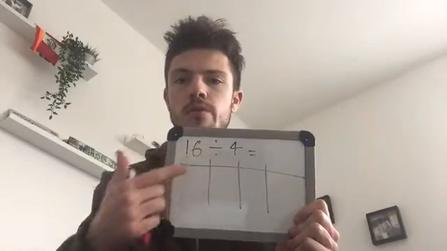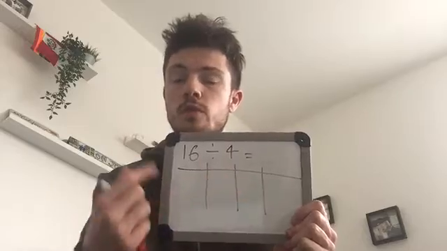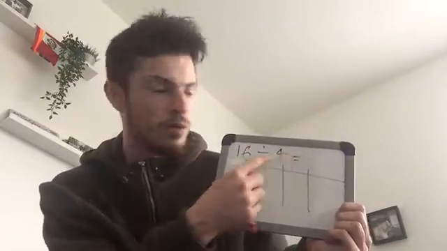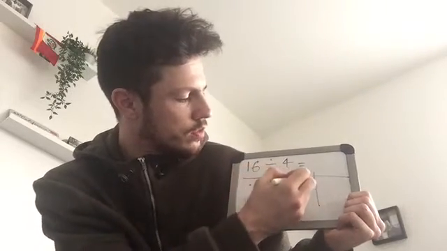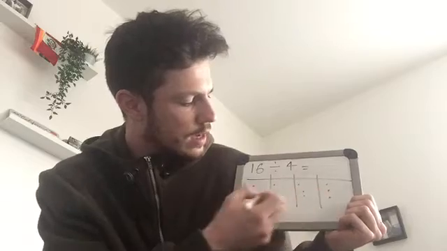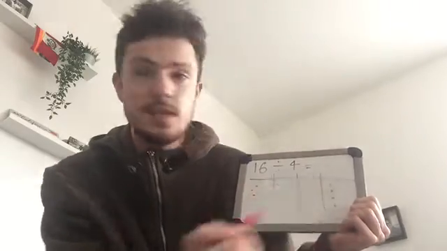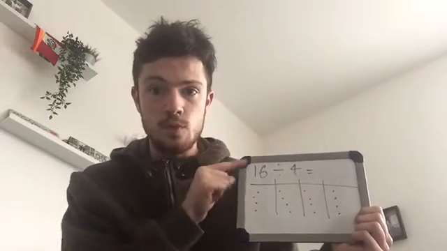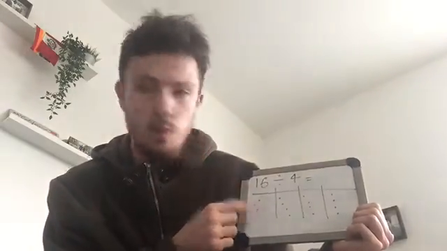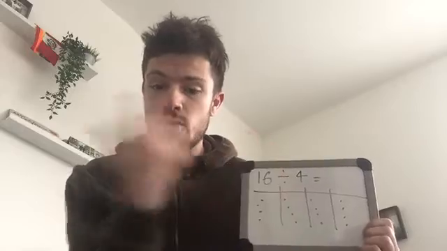You've got 1, 2, 3, 4 different groups, and we keep going until we get to 16. 1, 2, 3, 4, 5, 6, 7, 8, 9, 10, 11, 12, 13, 14, 15, 16. Now I stop because I've reached my total. In each group, 1, 2, 3, 4. So 16 divided by 4 equals 4.